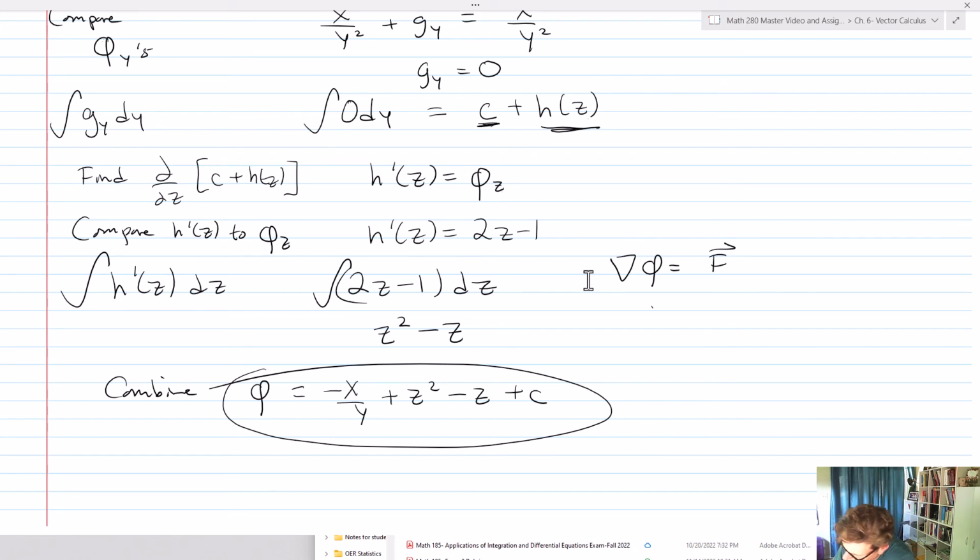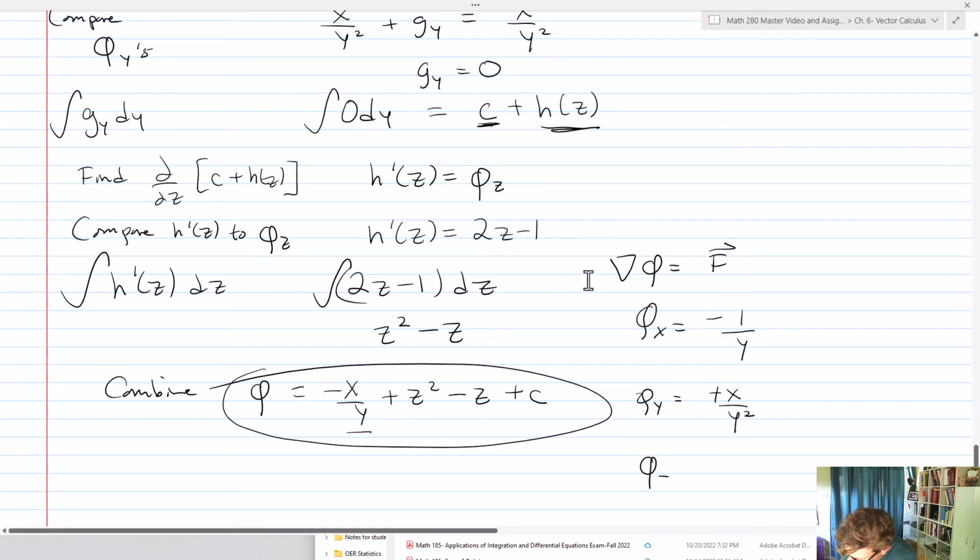So we'll start out with phi of x, and that's just negative x over y, so that's going to end up being negative 1 over y. Phi of y is going to equal, well, we have the derivative of negative x with respect to y, that's 0. Then we have minus x times 1 over y squared, so we get plus x over y squared.